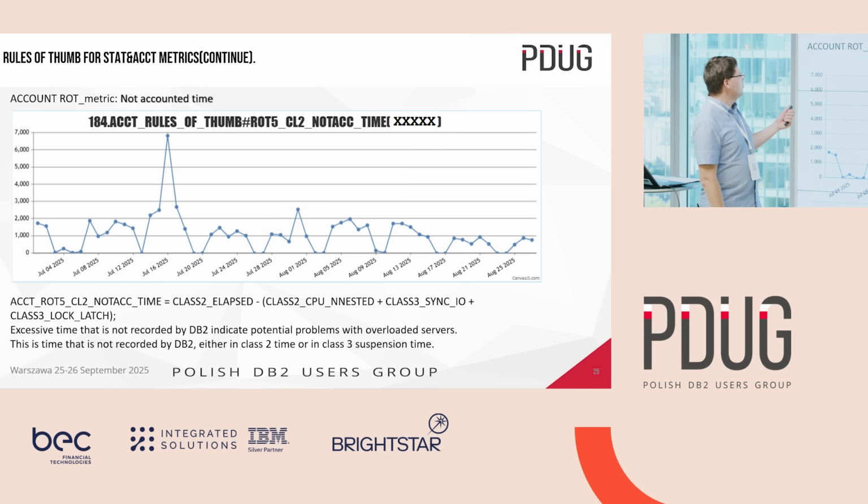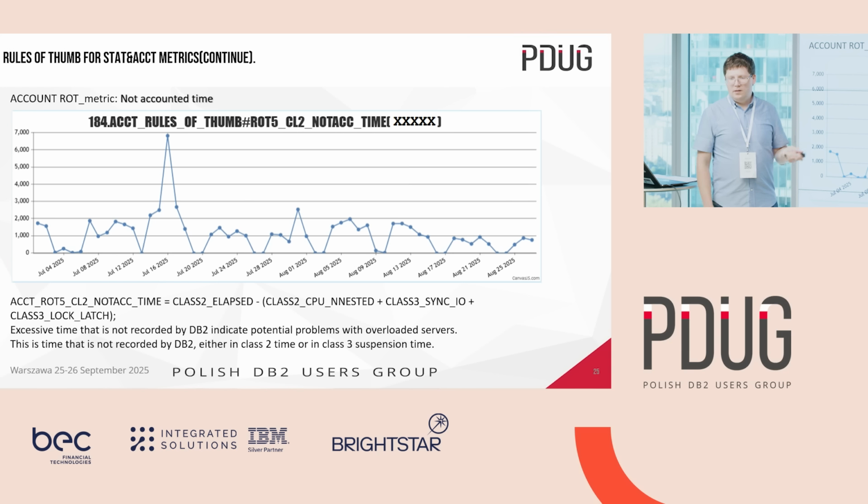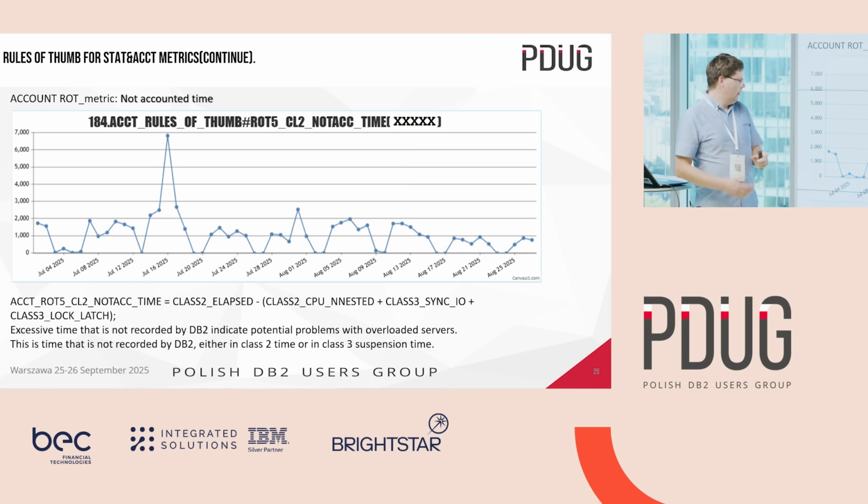The second rule of thumb: not accounted time. Not accounted time is time not consumed by this DB2. Maybe other DB2s consume resources, maybe some address space consumes more resources, and the DB2 accounting trace also fixes that value.